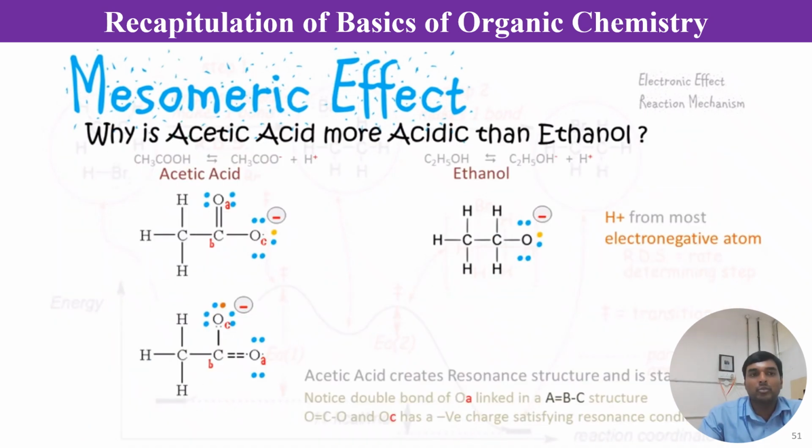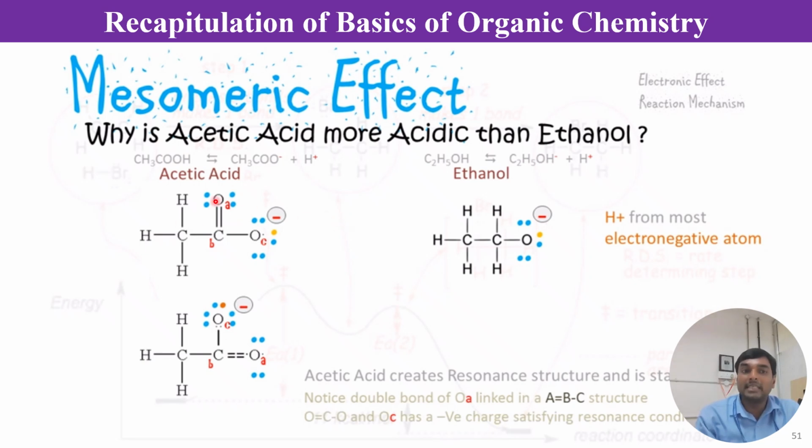Why is the mesomeric effect very important? Because we can have it in regular compounds like acetic acid or ethanol. Suppose, why is acetic acid more acidic than ethanol? A compound is acidic when its conjugate base is stabilized.